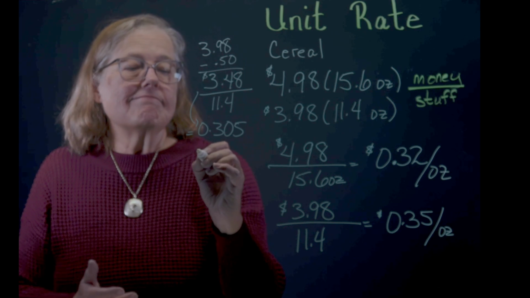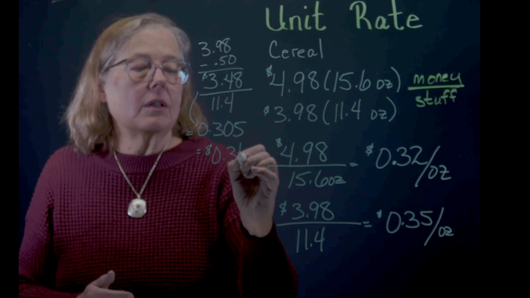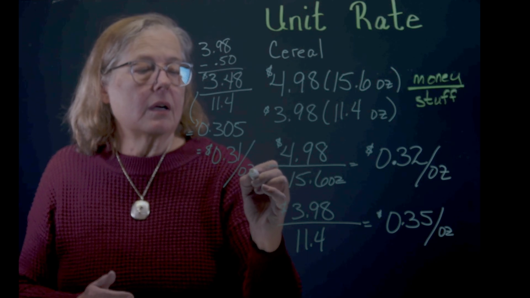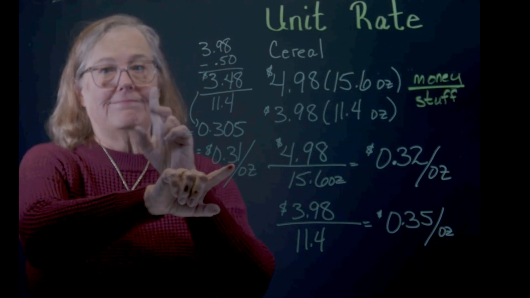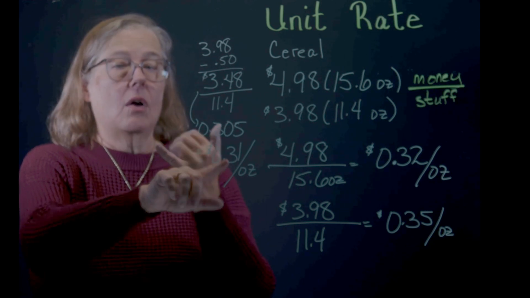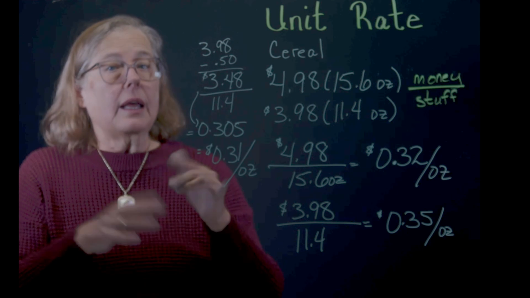So now we're going to have to round this number up. So now how much does it cost? It's 31 cents per ounce. So now the smaller box is cheaper because I have the coupon.